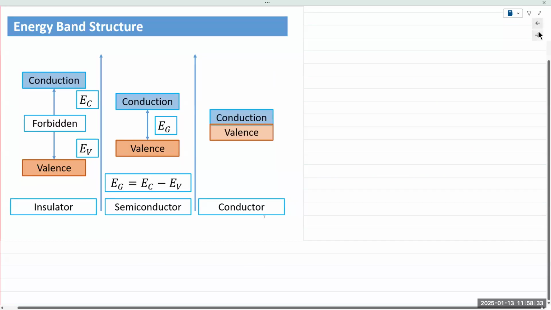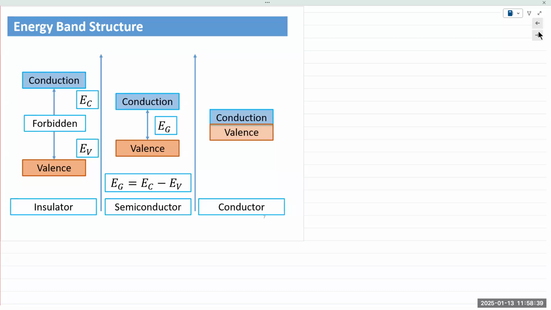And the reason is the energy band structure, or the energy band gap. The electrons in a material occupy certain energy levels, right? We talked about discrete energy levels. In a conductor, what we call the valence band and the conduction band energies overlap, meaning there are always free electrons with enough energy that they're free to move around.